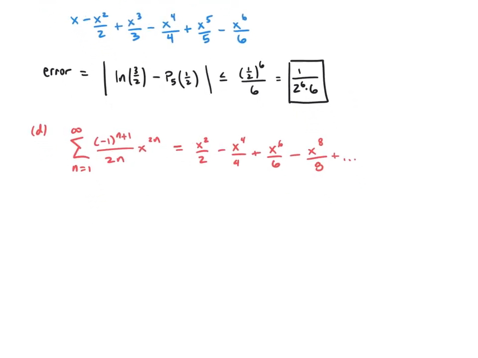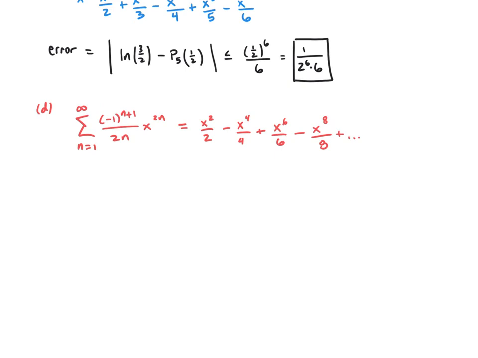Okay, now instead of scrolling all the way up, I'm going to write out my original from part A. So my original from part A was x minus x squared over 2 plus x cubed over 3 minus x to the fourth over 4.